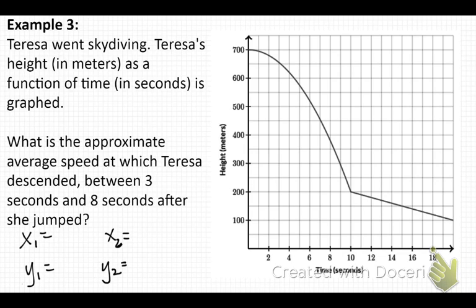Okay, do I know any of this information? What do I know? 3 and 8 are my X's. Good. As long as they have the correct Y with them. Okay, so 3 and 8 are my X values. And I'm going to draw a line again just to make it easier to see.